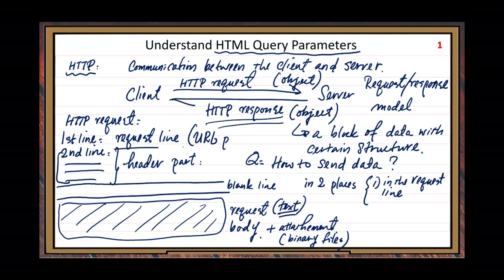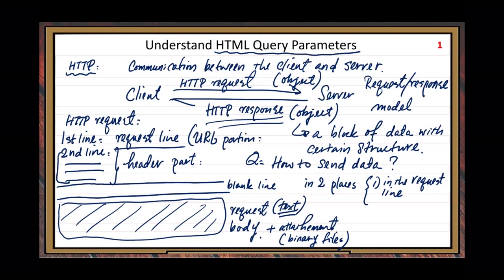So the request line is only one line, containing the HTTP version and some simple information, but there is this most important part, the URL portion.